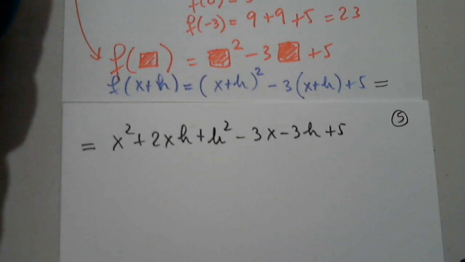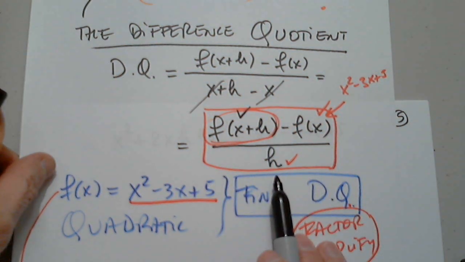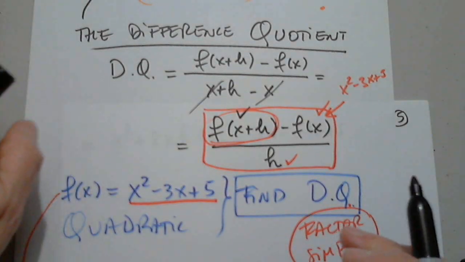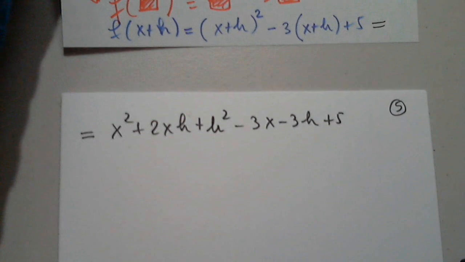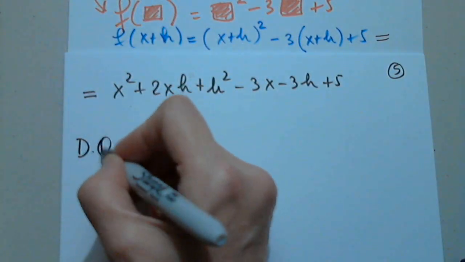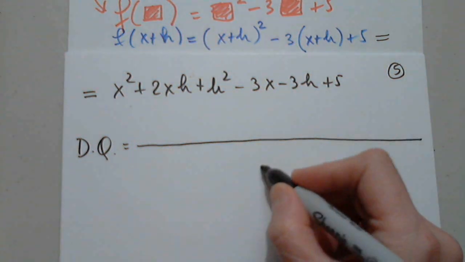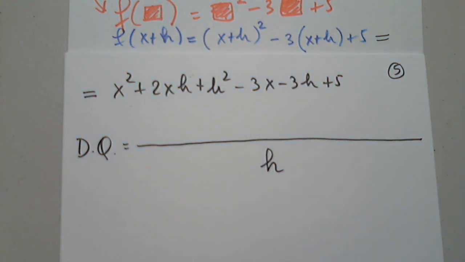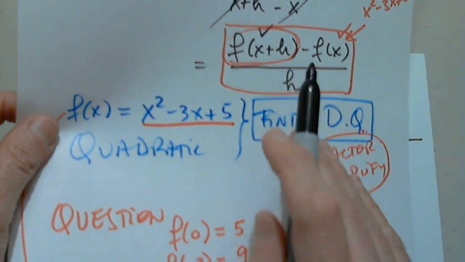At this point, I can say I have all 3 pieces ready. All I have to do is just put them together and see what happens next. So I'm ready to write the difference quotient. So dq. Watch me run out of room, I always do. I have to copy all this in place of f of x plus h.